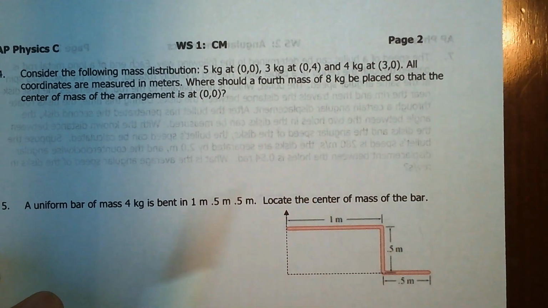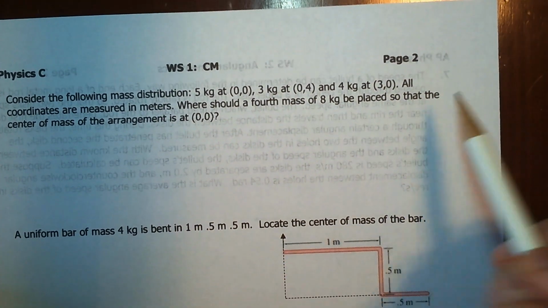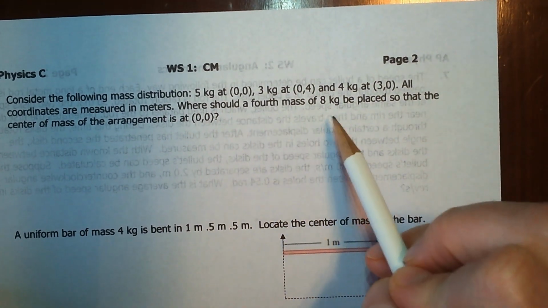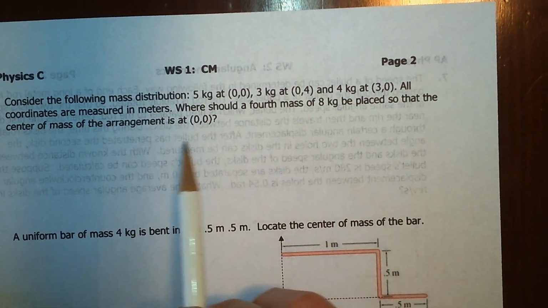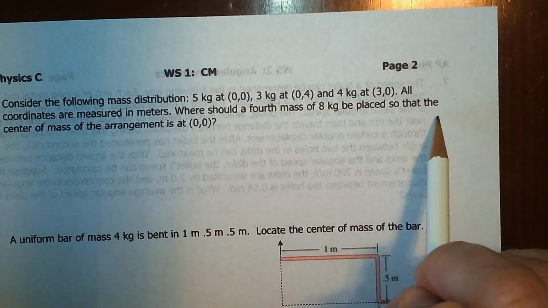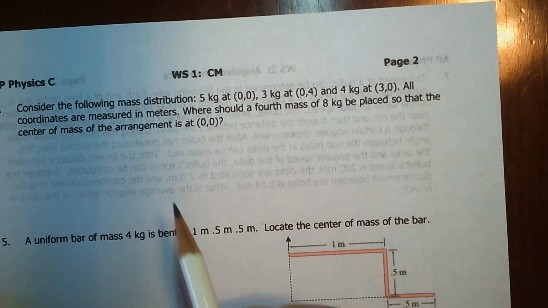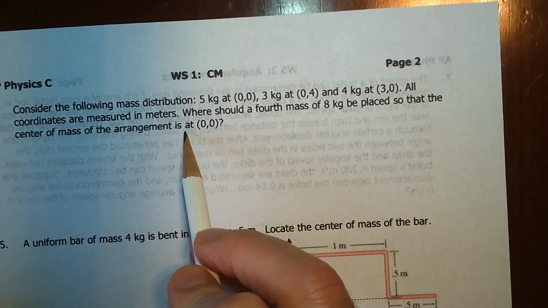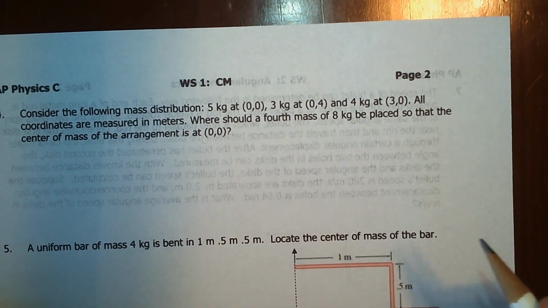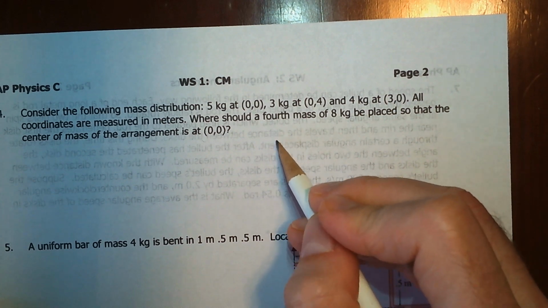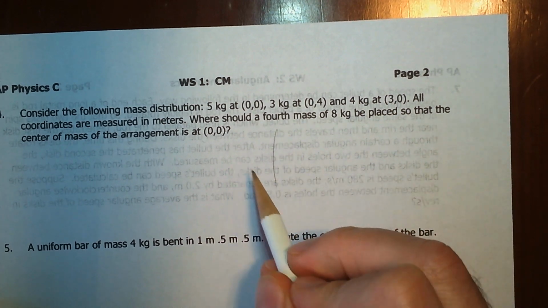Okay, on the back side then. Consider the following mass distribution. For this one, we know where the center of mass should be. It might be good to sketch this.